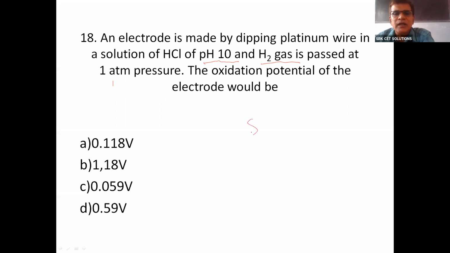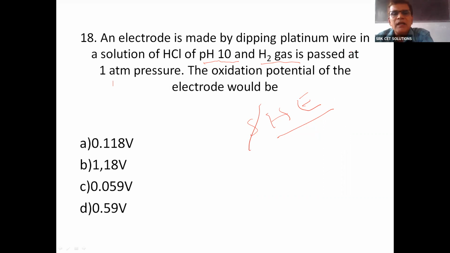Certainly this is not SHE; the S becomes H here. So now how do you calculate this? First you find the reduction potential of the half cell. Then you reverse it, and it will be the positive value where you get the oxidation potential.